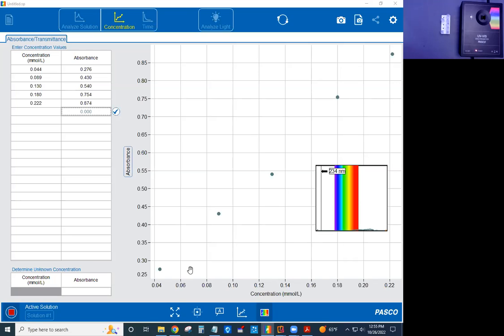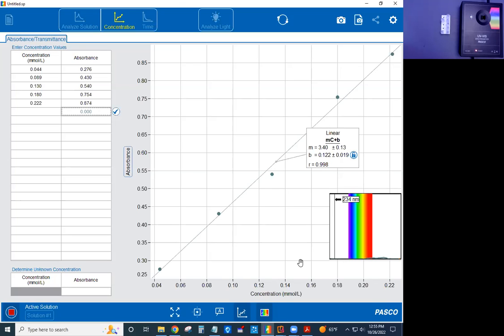Okay, there we go. Okay, nope, that's still there. One more second. Okay, there's my linear fit.